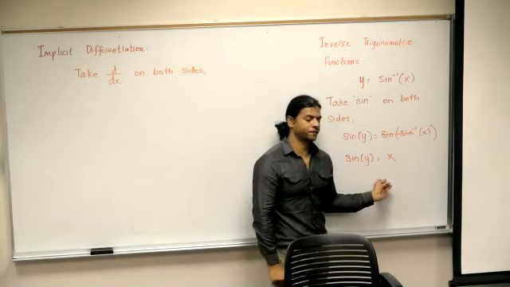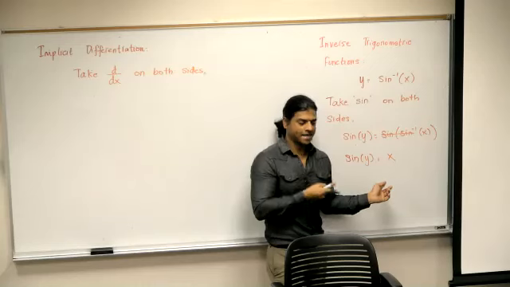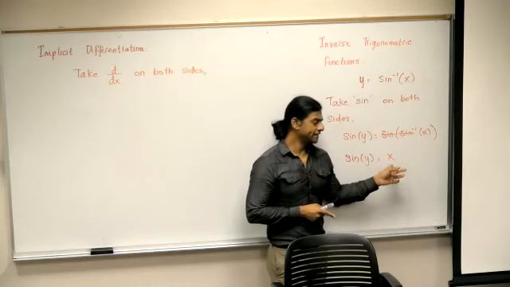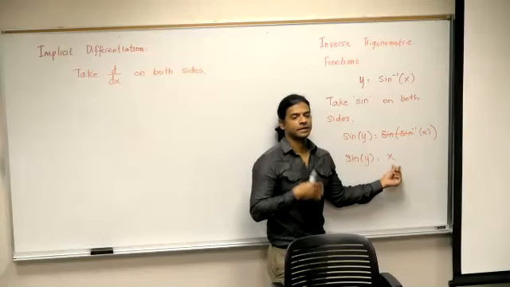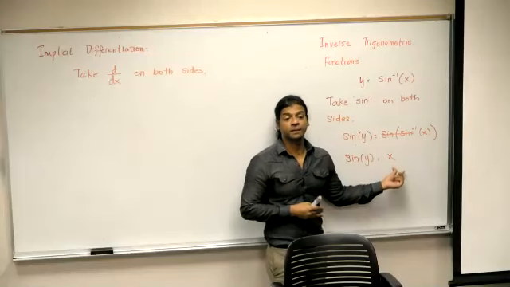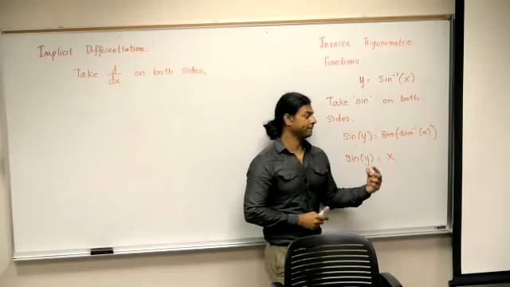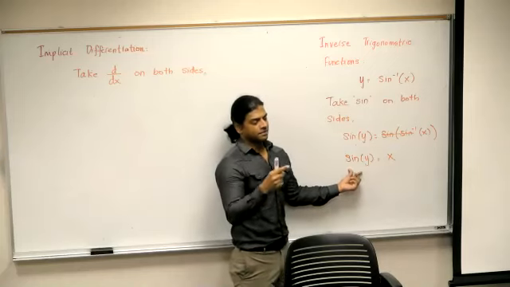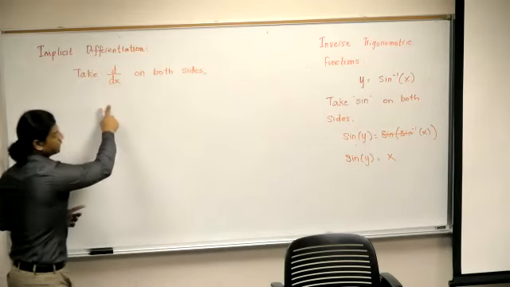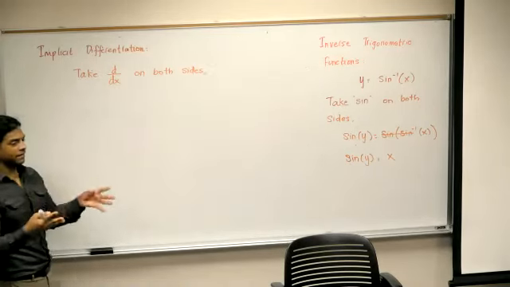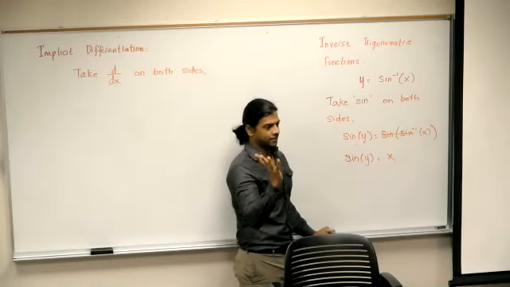I'm going to take the derivative on both sides. We're trying to find dy over dx, correct? But then the right-hand side is fine because it's a function of x, derivative of x with respect to x is 1. So that part's easy. But here, since you have sine y, if you take the derivative with respect to x, you may jump and say, okay, that's 0, end of story.